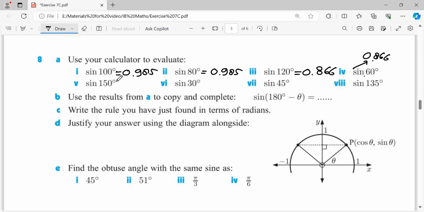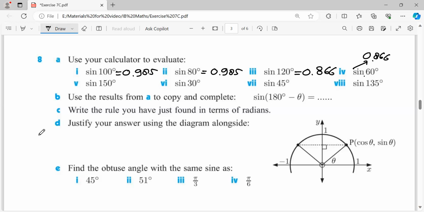And so on. Sine 150 you may find with your calculator. You can find through your calculator sine 30, sine 45, sine 135. Use the result from A to copy and complete sine 180 minus theta equals how much?